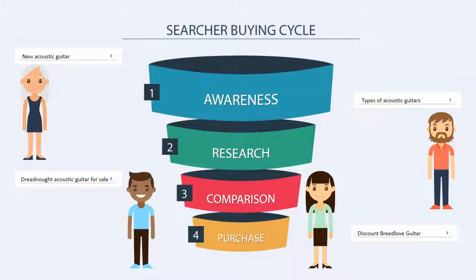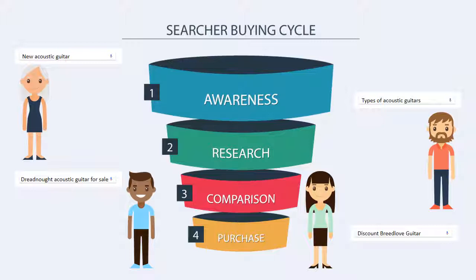The next search, Dreadnought Acoustic Guitar for Sale, lands the user in the comparison stage of the buying cycle. This is the stage where you want to showcase your product to the user with strong descriptions and solid branding. Finally, the user ends up at the transactional stage of the funnel and is ready to make a purchase with the search, Discount Breedlove Guitar.